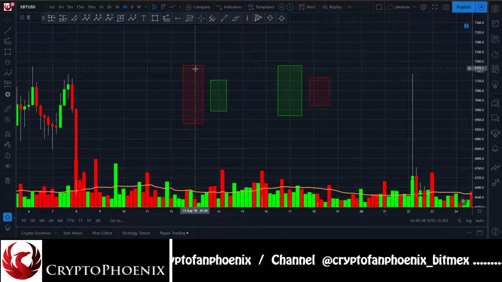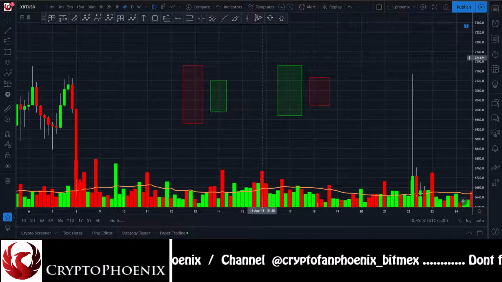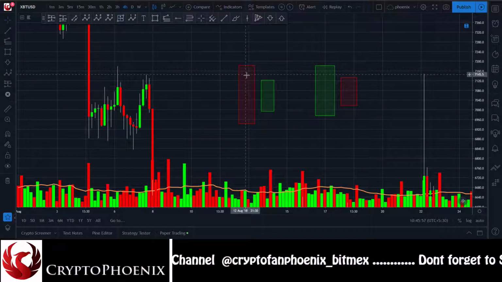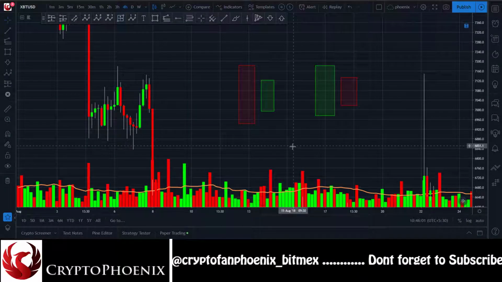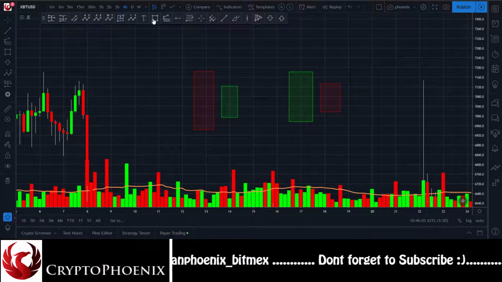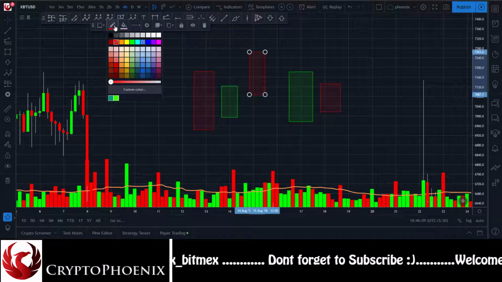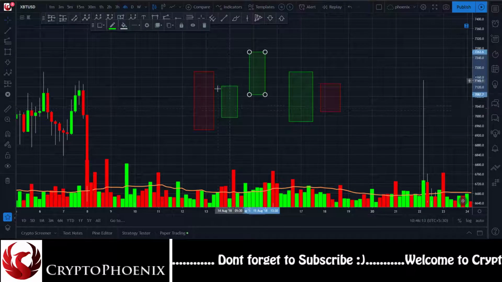So you can see a black girl is having a white baby. Whenever a black girl has a white baby, it's always pleasing for their family members, who are amazed, and hence the next candle is much more likely to be a green candle which will go upside. So this is called a bullish harami.